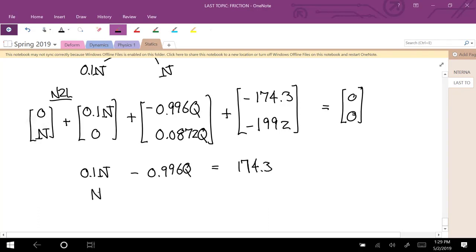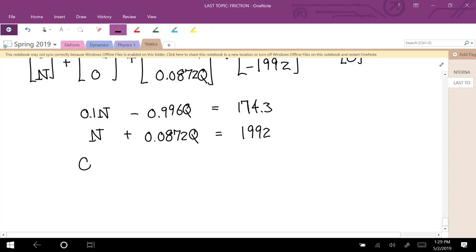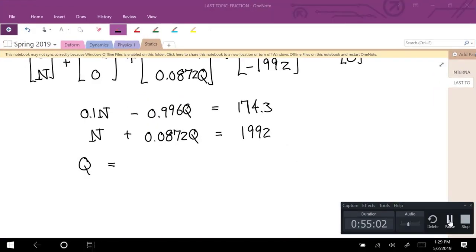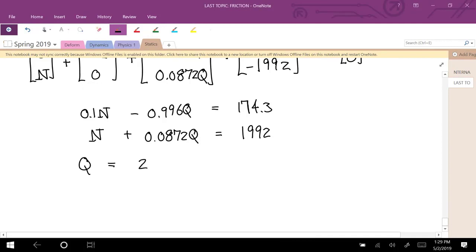And the second equation says N plus 0.0872 Q is equal to positive 1992. And can someone calculate Q and tell me what that is? Negative again? Yay! I'm going to use the positive one. Okay, 24 point what?